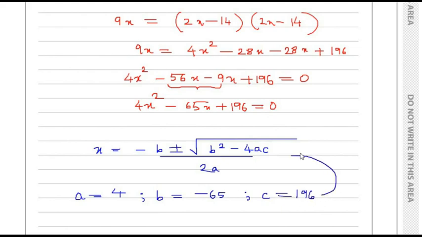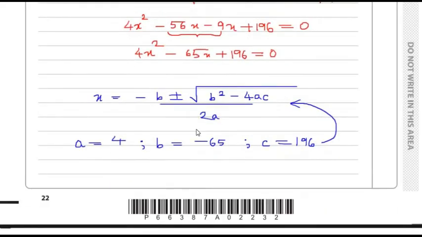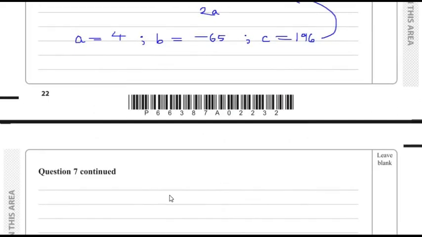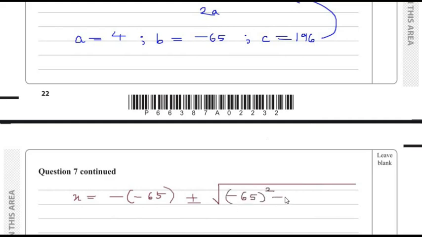So substituting the values of a, b and c in the above expression, x is equal to minus of minus 65 plus minus square root of b² is minus 65 squared, minus 4 times a is 4 and c is 196, over 2 times 4.